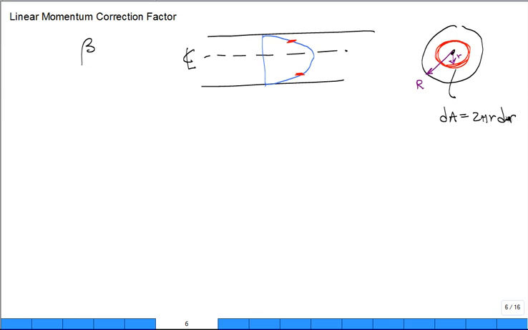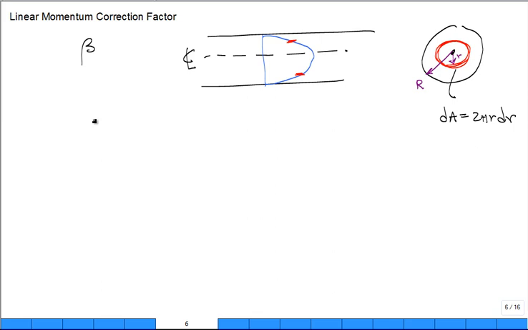If the red ring gets larger, it is a lower speed. If the red ring is smaller in radius, it's a faster speed because it's near the core or the center line of the pipe. And what we'd like to do is have a very easy equation from linear momentum flow rate.